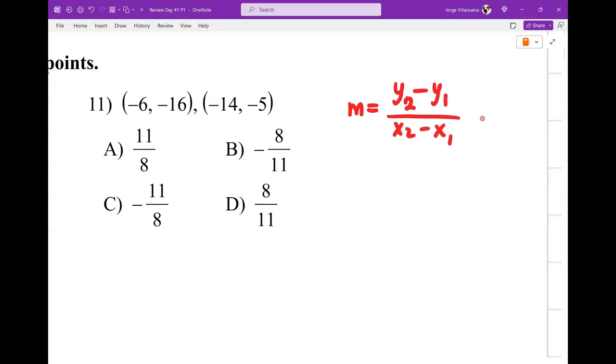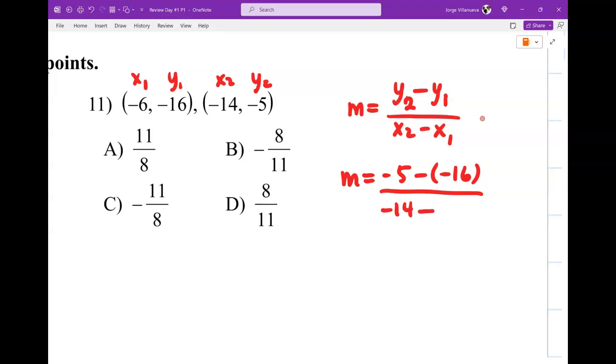Again, because they want me to find a slope given 2 points, I'm using the slope formula. This is x1, y1, x2, y2. So y2 is negative 5 minus y1, which is negative 16, over x2, which is negative 14 minus negative 6.